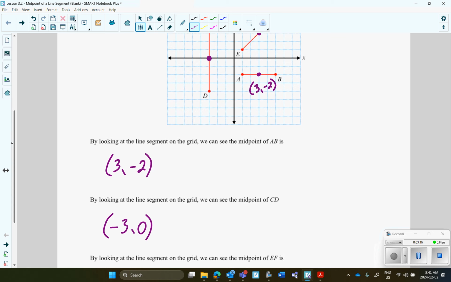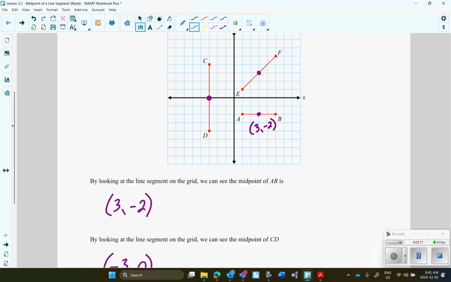However, those ones are pretty simple. But, and you don't have to write this down, what if I gave you something like that? You could see where the midpoint is.